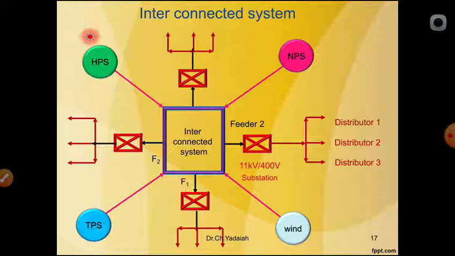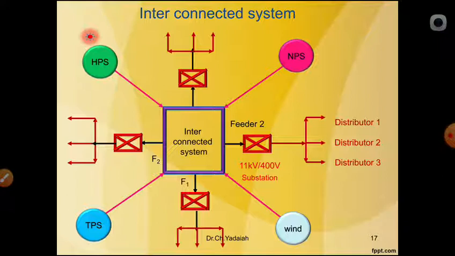That means one station is a TPS, thermal power station, one a hydropower station, one a nuclear power station, that is nothing but the power grid, and one may be a non-conventional energy source, such as wind power, connected to our network. Our network is connected to the different feeders. You can see feeder 1, feeder 2, and from the feeders it goes to the different DTRs.